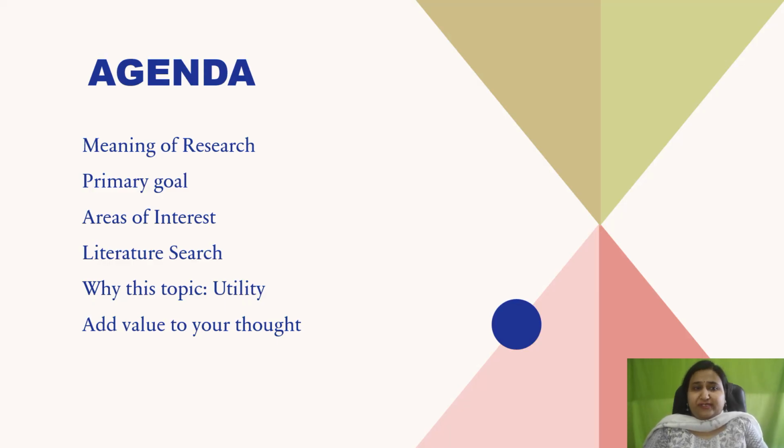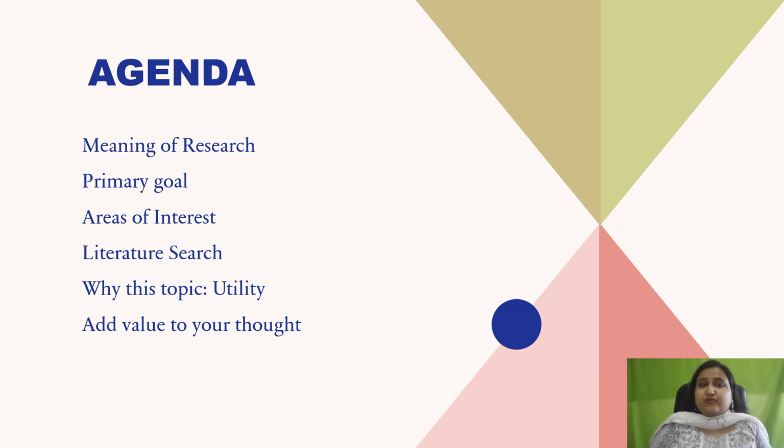So the first point is the meaning of research. We don't make it complicated. The simple meaning of research: we are splitting the word research into two words, re and search. So that means if you are a first-time researcher, you are not supposed to do any path-breaking research. Even if you are doing research by understanding the concepts of research, this will be fine.